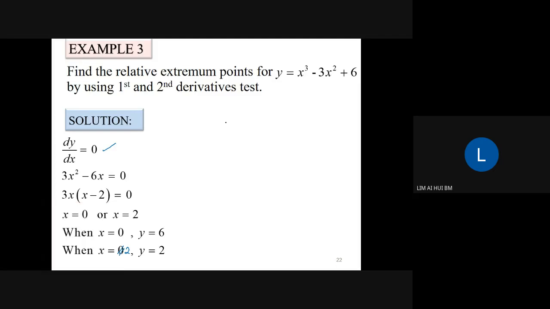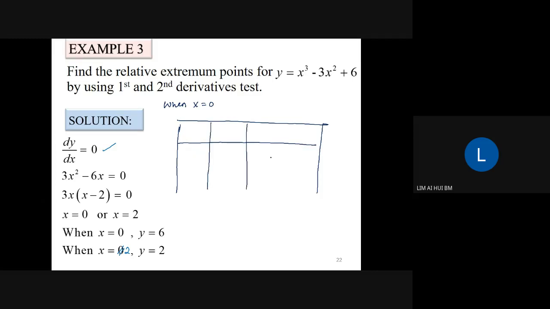First, I will check when x equals 0. I draw a table with 4 columns and 3 rows.